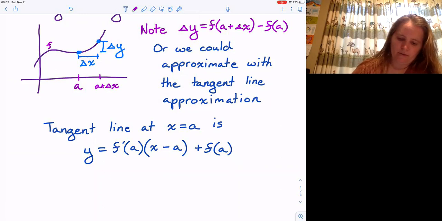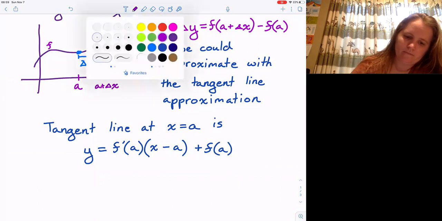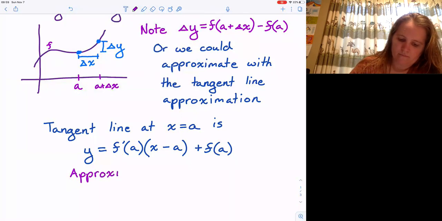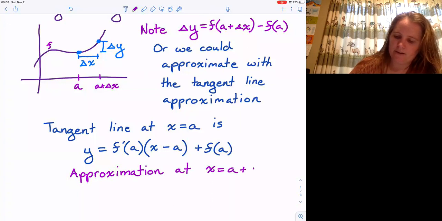So we have the approximation at x equals a plus the change in x, or plus delta x.